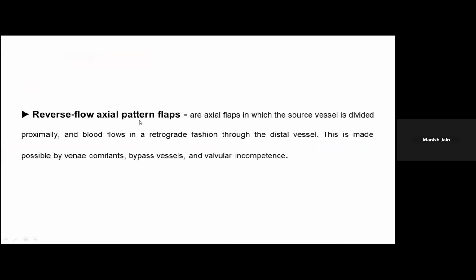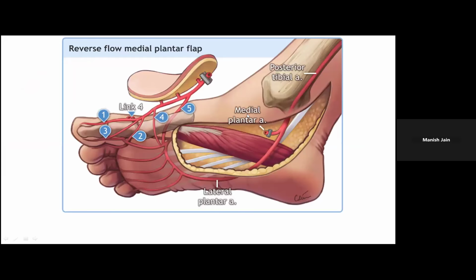So it is a reverse flow axial pattern flap, like the medial plantar flap, in which the medial plantar artery, which is a branch of the posterior tibial artery, supplies, but we clip it proximally, so blood supply is maintained through the retrograde flow from the lateral plantar vessel and the plantar arch. If we use that in the hand, there is the palmar arch, in which we can harvest the radial artery flap on reverse flow also. So these are reverse flow axial pattern flaps.